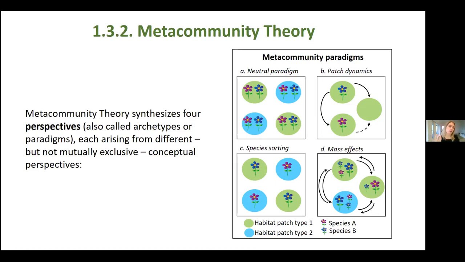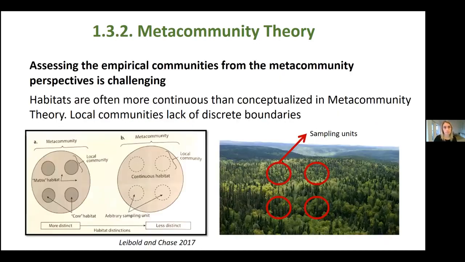But the reason why I have put this here is that quite often when we apply HMSC or when we are analyzing any community data, we are trying to find out to which of these paradigms our community mostly is linked to. This is a very common aim when analyzing community data.